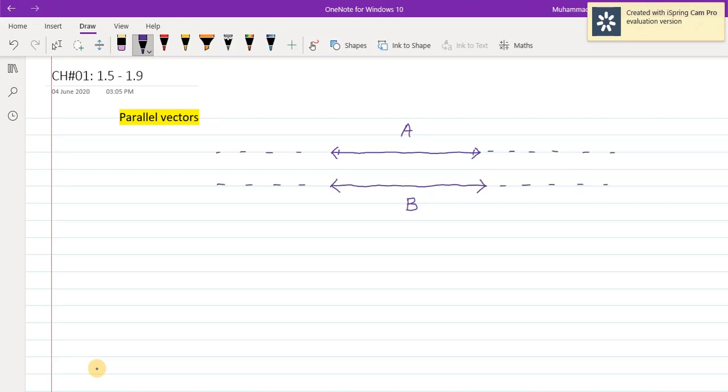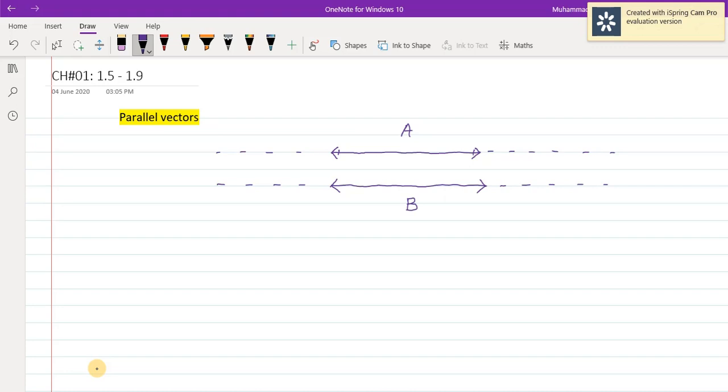I am showing extension by dots. If these lines do not intersect each other, then these are parallel lines. Students, these lines will intersect if perpendicular distance between them increases or decreases.